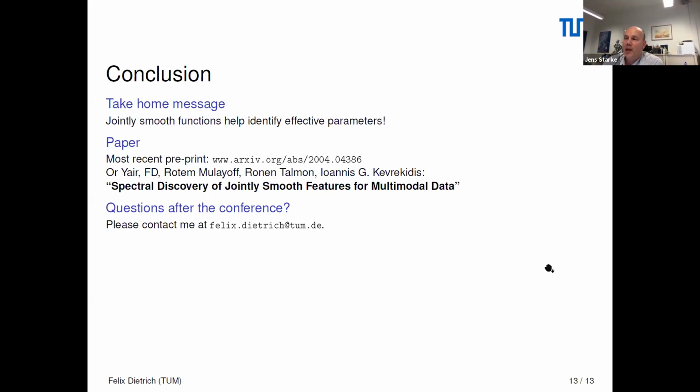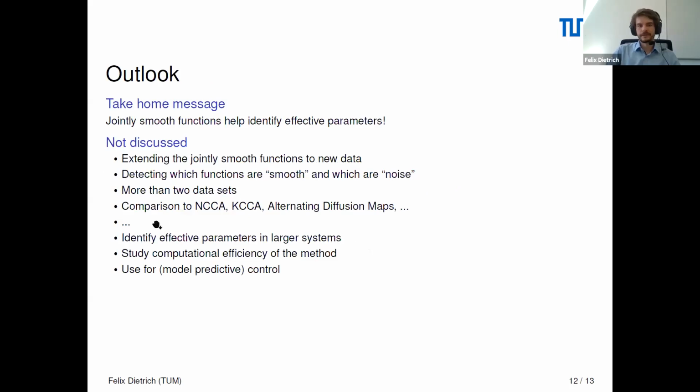My question would be, do you have any ideas how to deal with these very large systems? What type of extra approach is required for this? So this is, I guess, the third last point here. Thanks for the question. Yes.